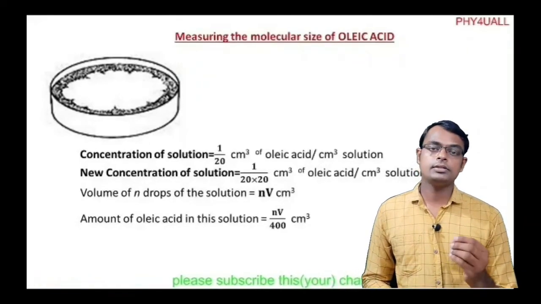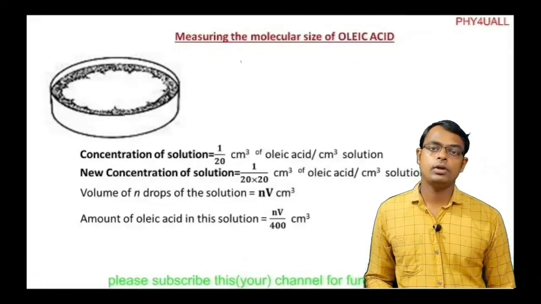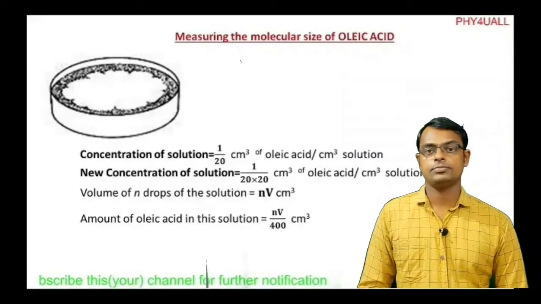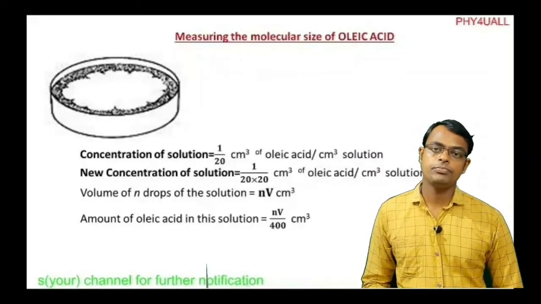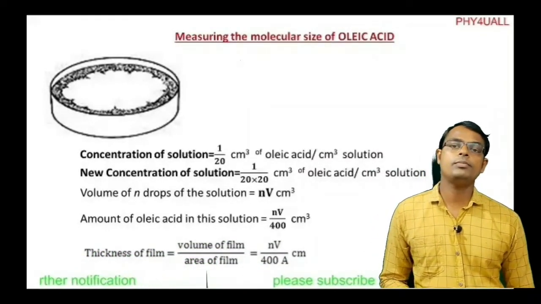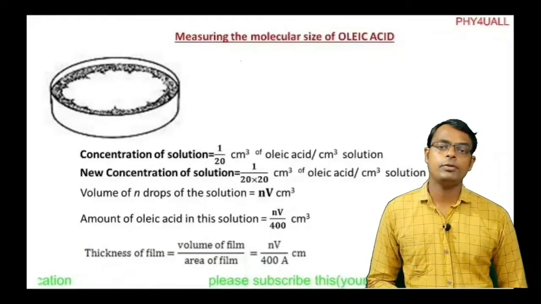In order to calculate the thickness, we use the formula: volume is equal to area into thickness. So the thickness of the film is equal to the volume of the film divided by the area of the film.